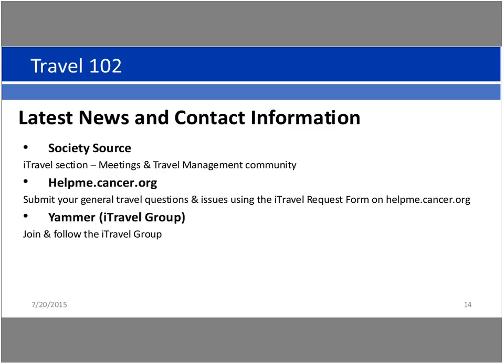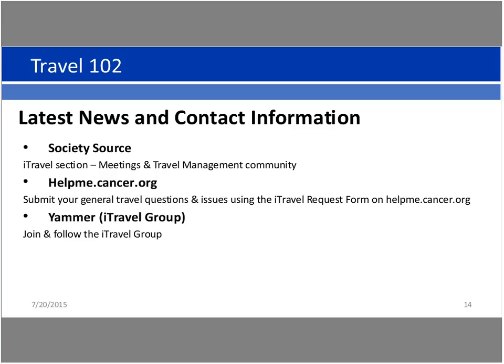We also have a way of submitting tickets to us so we can help you, and this is how we want you to reach out to us. This is your best way to get in touch with the travel team. Go to helpme.cancer.org. You will submit your travel questions using the iTravel request form. It's on the left-hand side, so be sure and use that form because it takes your ticket directly to our business unit.